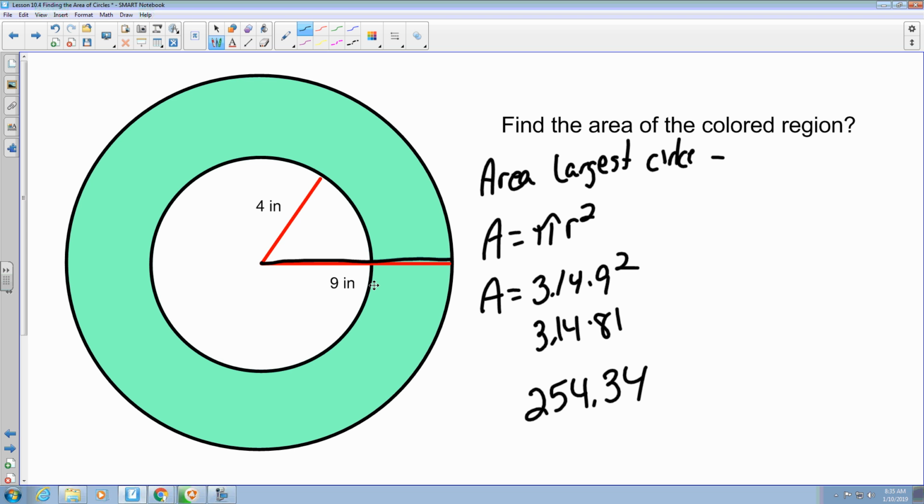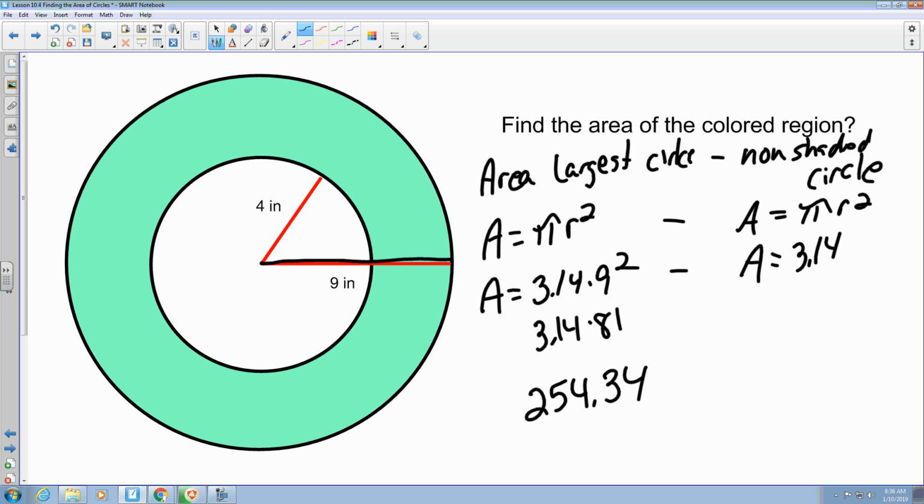All right, so now we have that area. Now that has to be subtracted by the non-shaded circle. So again, this is pi r squared, and this is going to be area equals 3.14, and the radius of this non-shaded area is 4 inches, so it's going to be multiplied by 4 squared. 4 squared is 16, and then 16 times 3.14 gives me a value of 50.24.